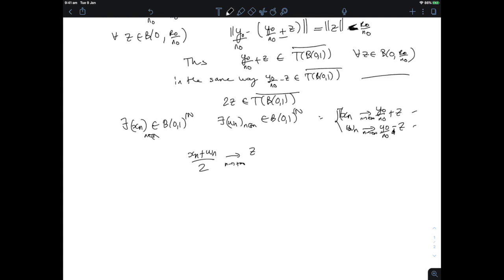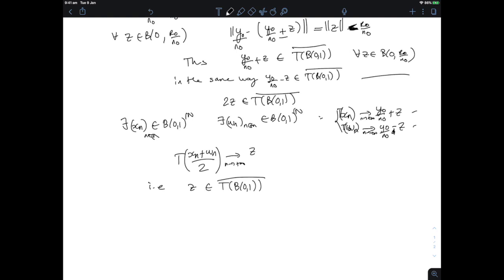T of x_n goes to that, T of omega_n goes to that. So T of (x_n plus omega_n over 2) goes to z. And that exactly tells me that z is in the closure of T of B(0,1), because this average of x_n and omega_n will be in B(0,1), of course.